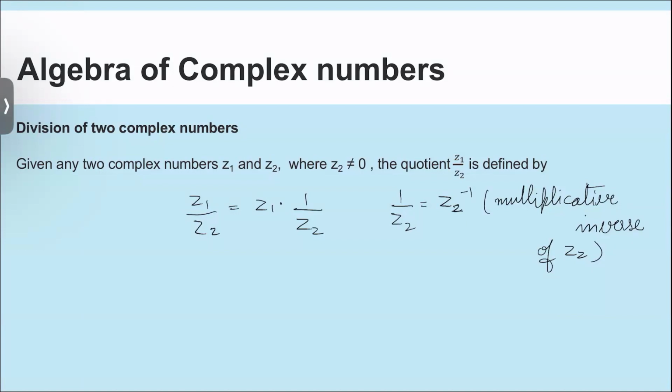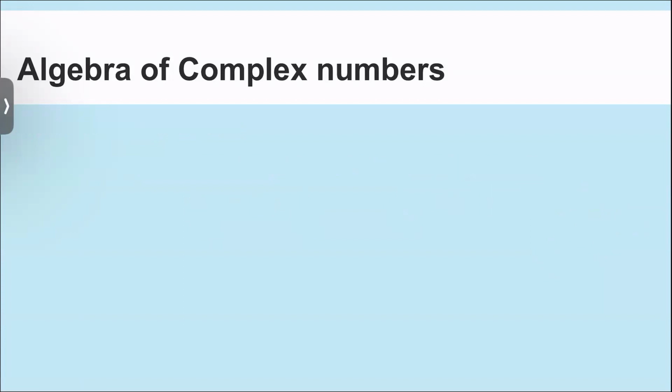Let's see with an example. For division, let's say Z1 is equal to 5 plus 2i and Z2 is equal to 8 plus 2i. Sorry, this should be Z2.